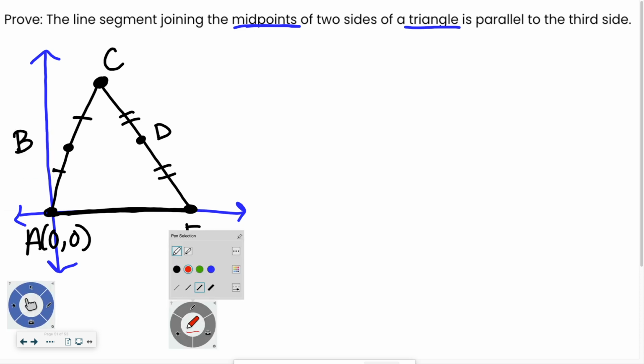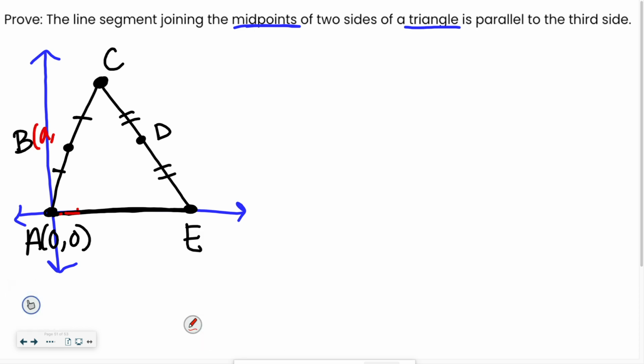Now B, we don't know how far over we went, so I'm just going to call it a. And I don't know how high up I went, so I'm going to call it b. But now since B is the midpoint of point C here, I know that this has to be another a over and 2b up. So that's going to be 2a, 2b.